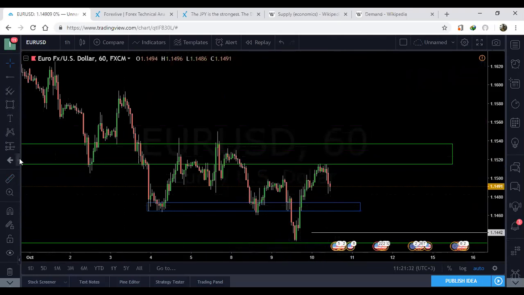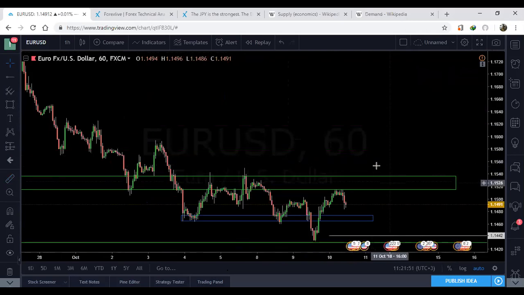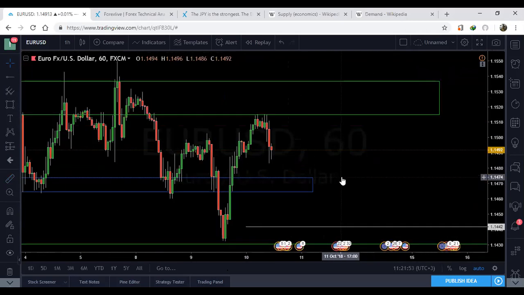So it's not a very decent trade, but we are intraday traders. We accumulate as many pips as we get. So 24 pips is not bad for an intraday trader. But just don't get greedy. Just be satisfied with whatever you get. Book a profit and go.